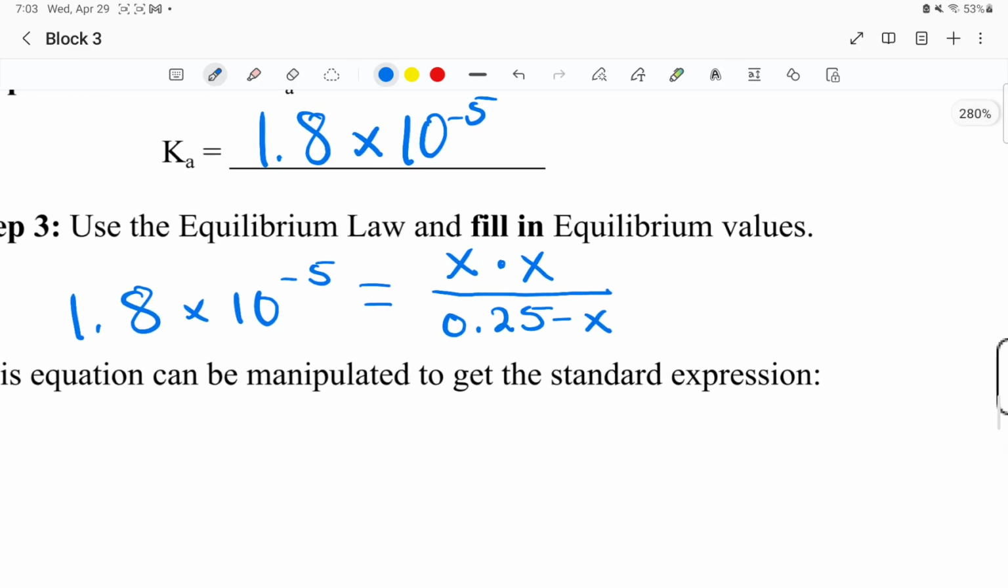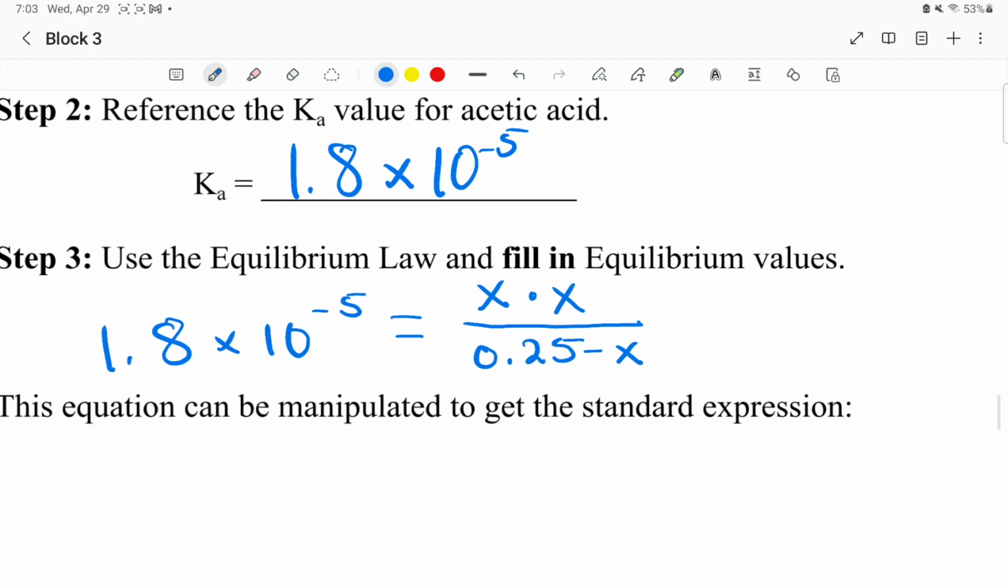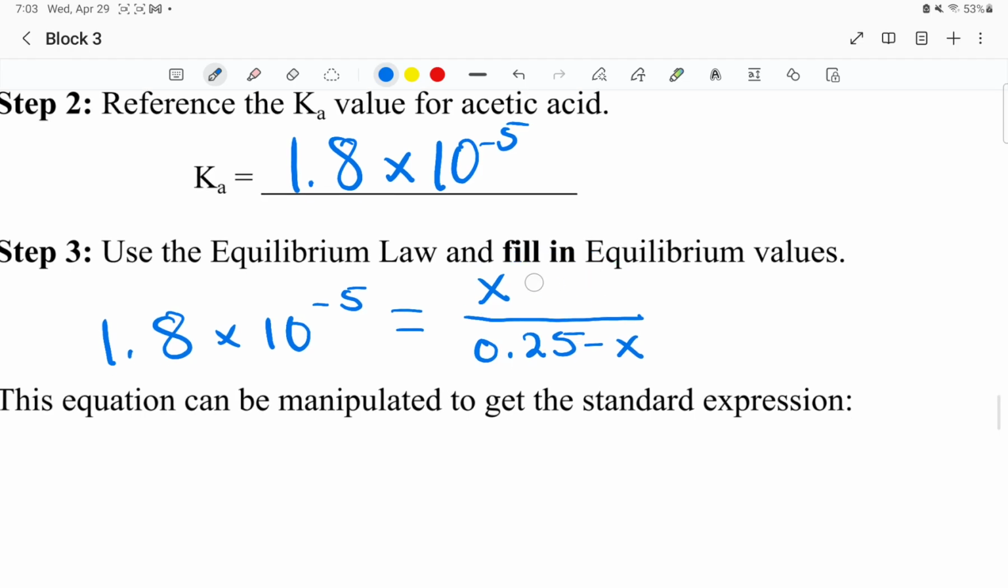If you take a look, when you have x times x, we can just rewrite that as x squared.